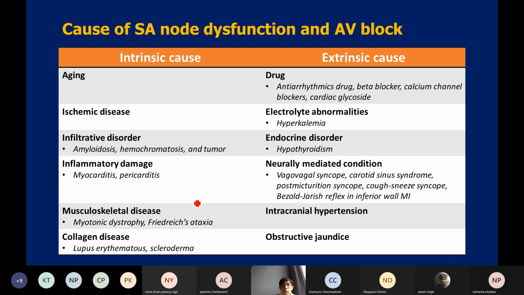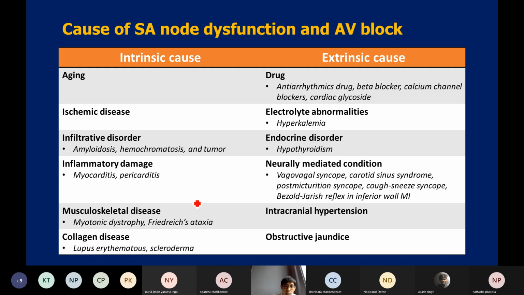The cause of AV nodal block is quite the same as for SA nodal block. The most important cause is the medication that the patient has. We have to investigate this cause the same as in sinus node dysfunction.